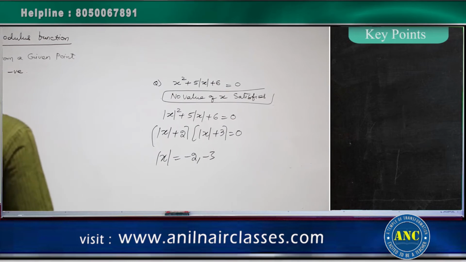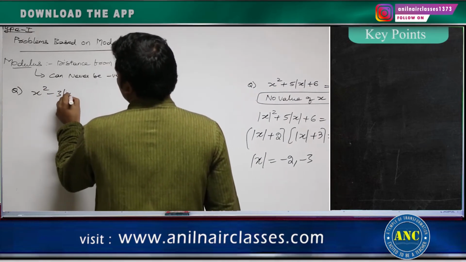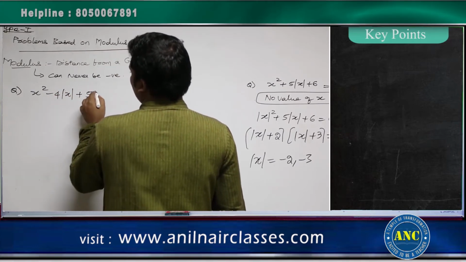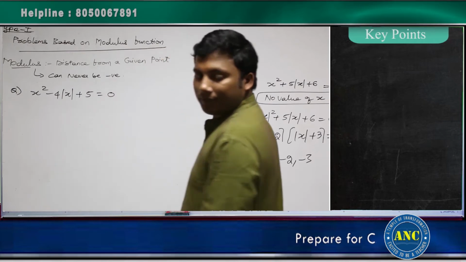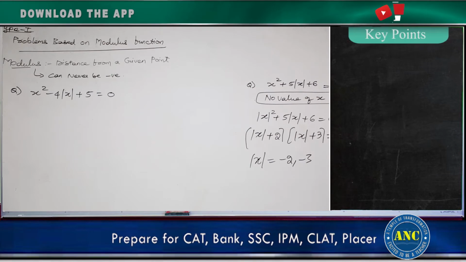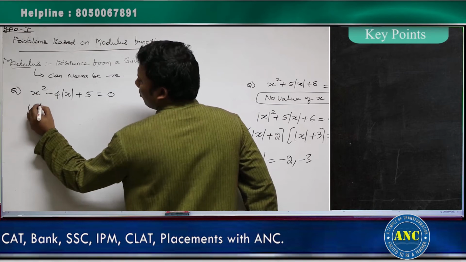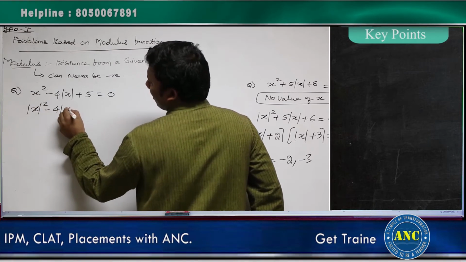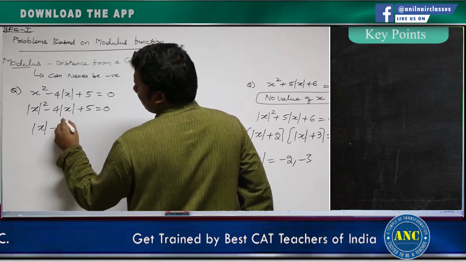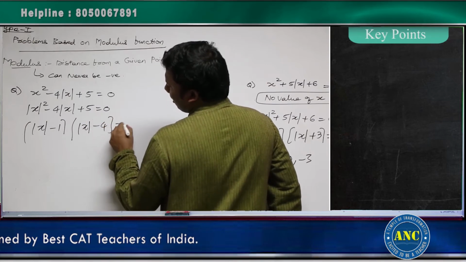Try to solve this question. x square minus 4 mod x plus 5 equivalent to 0. Can I write it as mod x whole square minus 4 mod x plus 5 equivalent to 0? So this is mod x minus 1 into mod x minus 5 equivalent to 0.